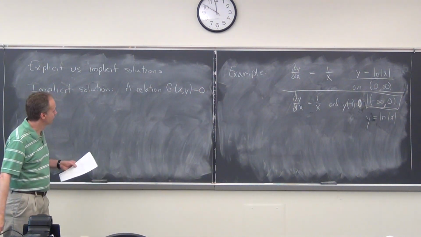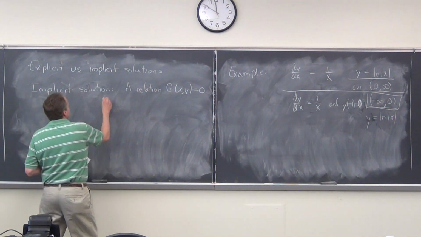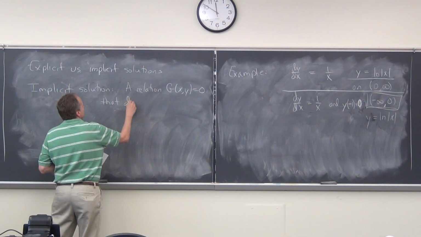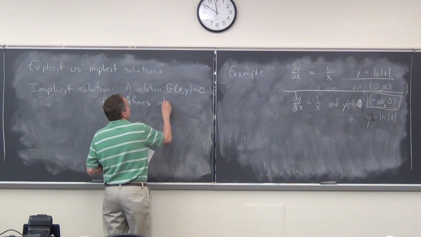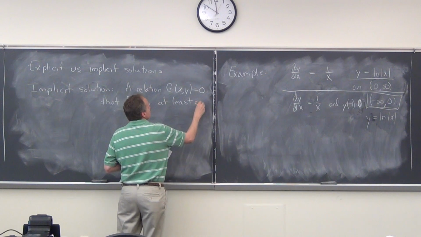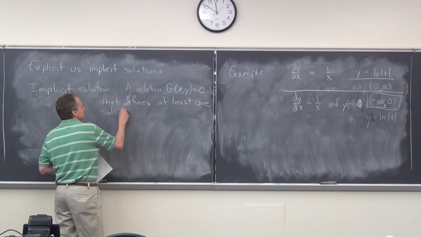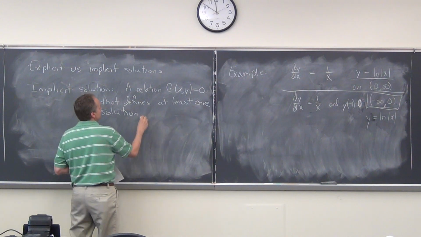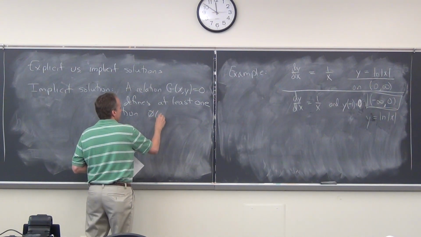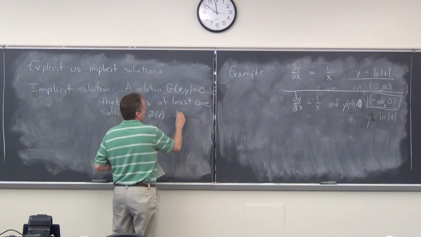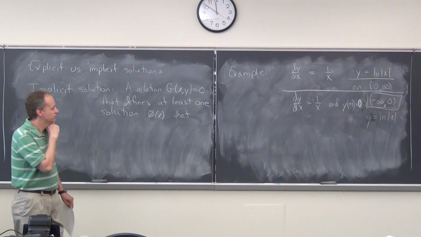It's a relation involving x and y, so an equation involving x and y, that defines at least one solution of the standard kind of form, theta of x, that satisfies both the differential equation and the relation.